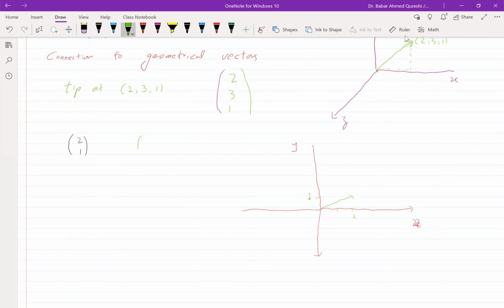Similarly, I can consider this object pointing in this direction with the tip at 3, -1. So this object describes a vector in 2D.